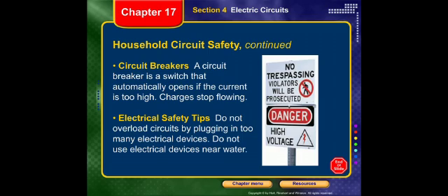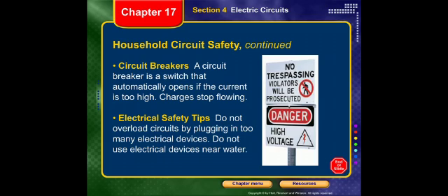So there are 4 points we must follow to keep our home safe.